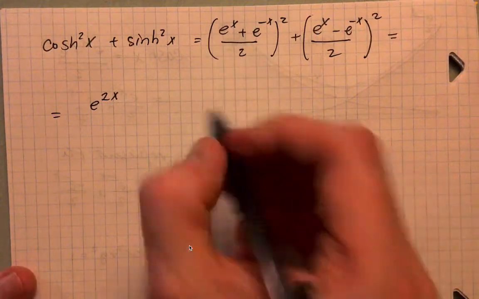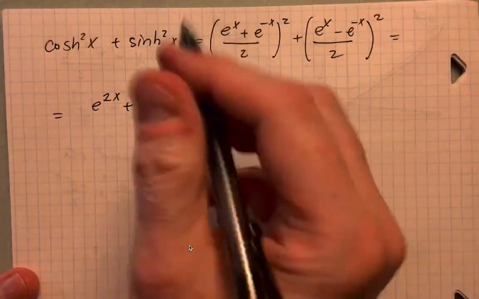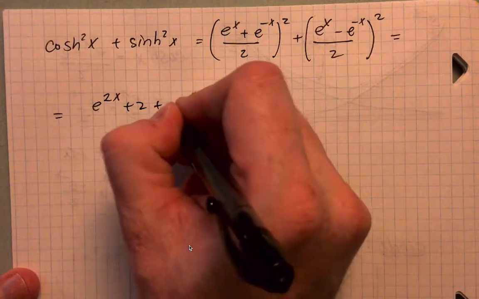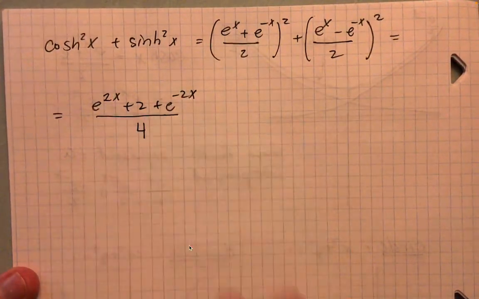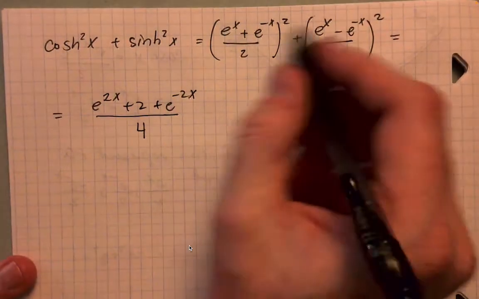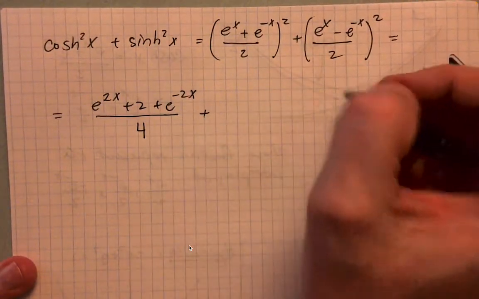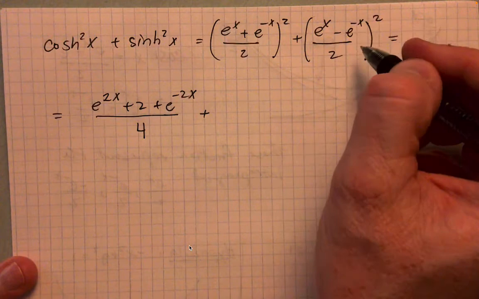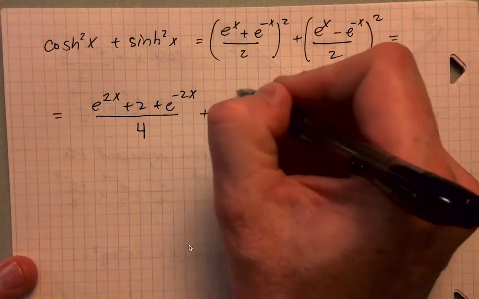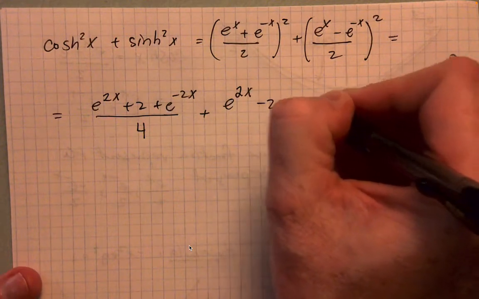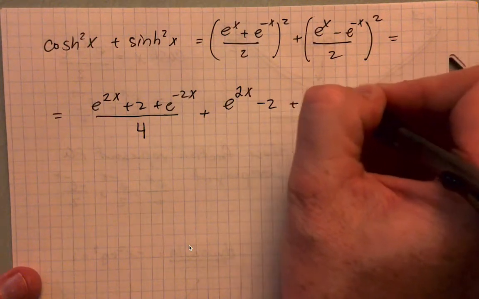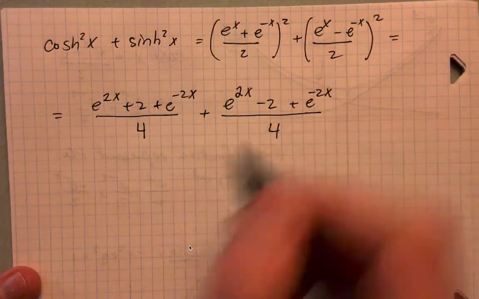So plus 1, so I get a plus 2 in the middle, right? And then plus e to the negative 2x, and that's all over 4, right, like so. And then over here, if I do the same thing, then I get basically e to the 2x minus 2 plus e to the negative 2x, and again that's all over 4.